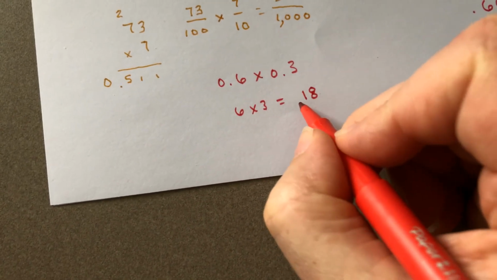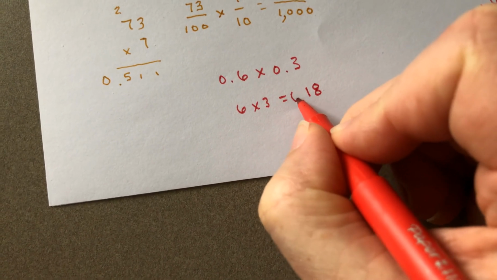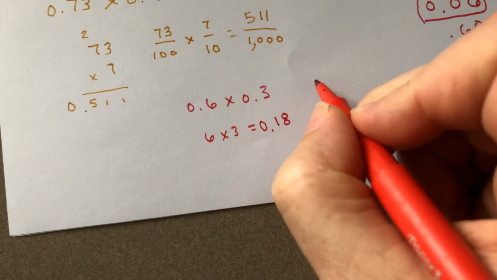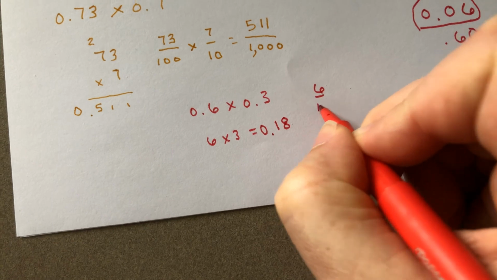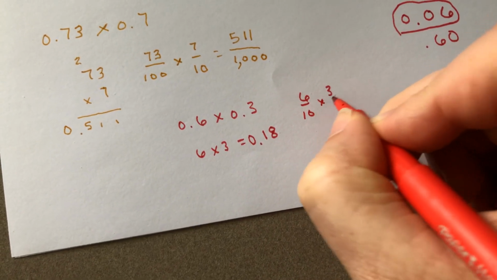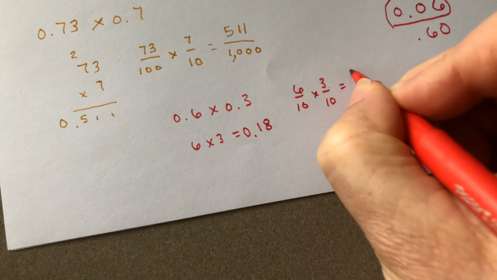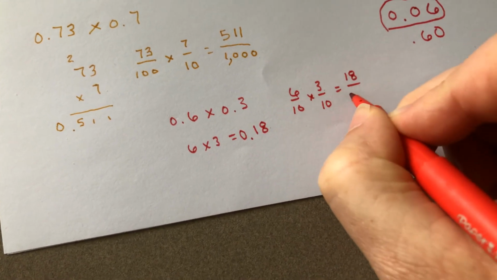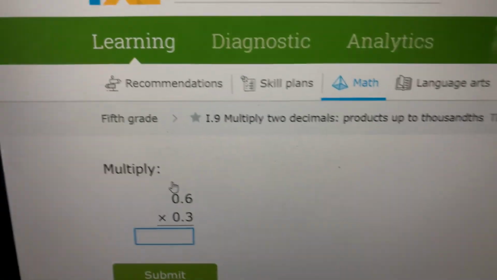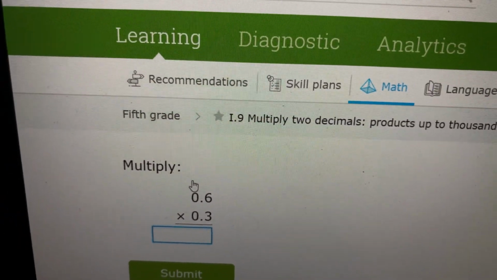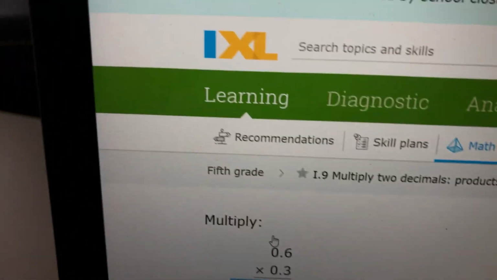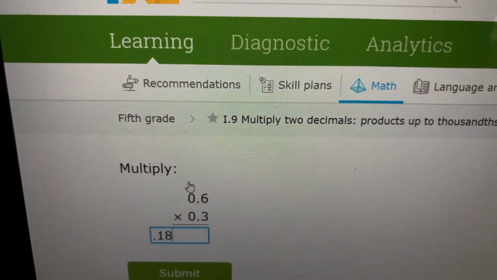So we have 2 numbers to the right of the decimal in our answer. And our answer is 18/100ths. You could also say 6/10 times 3/10 equals 18/100ths. Okay, 0.18.